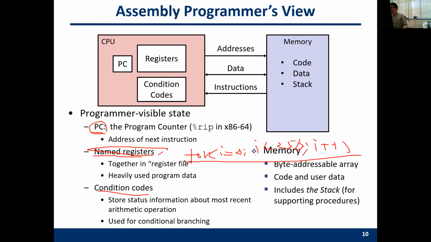These single sentences will be translated to at least 4 or 5 assembly language sentences because you need to use different registers. And also you need to use these condition codes to evaluate whether you reached the array limit or not. And also you need to manipulate the memory heap and the memory stack.